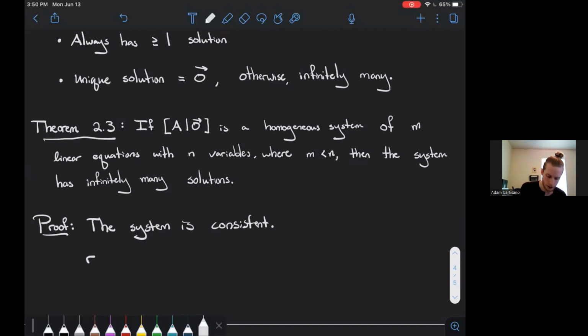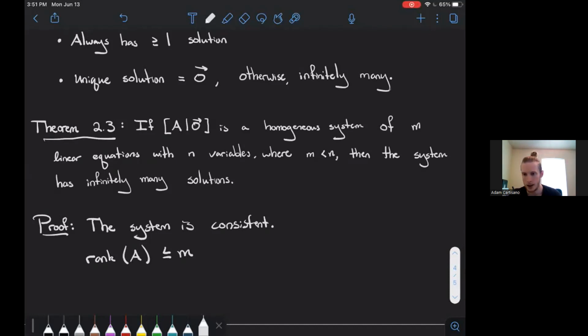The second thing that we should mention is the rank of A. Remember, that was the number of non-zero rows. I can tell you that's going to be at most m. Why?